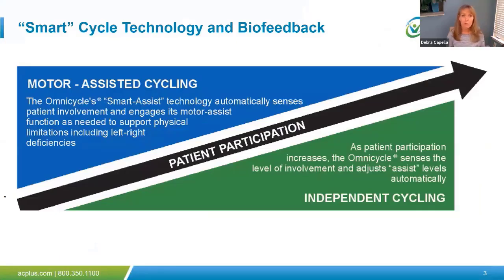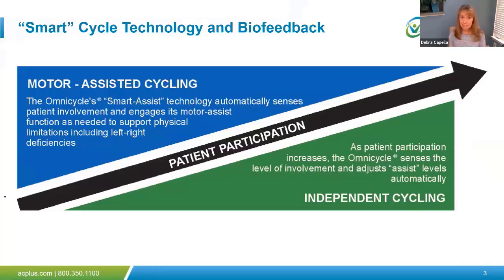I first wanted to review what smart cycle technology means. Basically, the OmniCycle is able to determine how much that patient needs help or doesn't need help for a specific task. This is really important when somebody might be very weak, and we want to give them the benefit of that repetitive motion and sustained exercise, but they aren't strong enough to go completely through that cycle themselves.